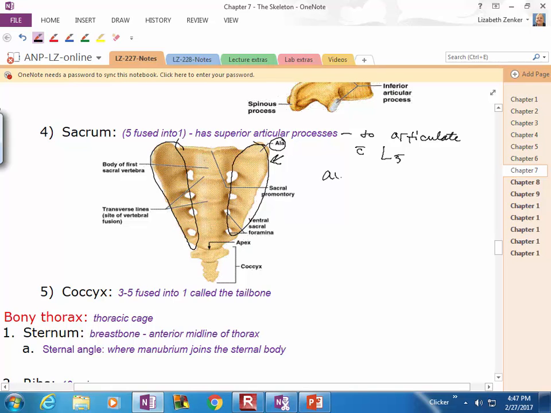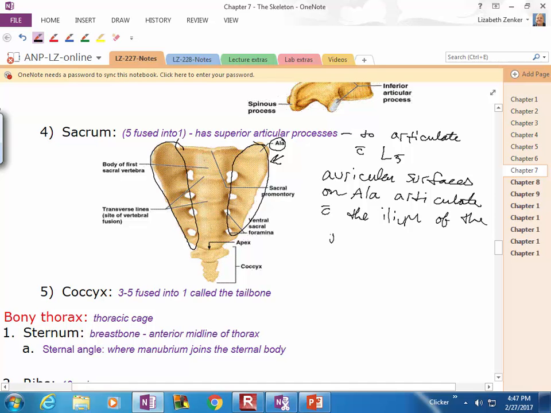So the auricular surfaces on the ala articulate with the ilium of the pelvis.